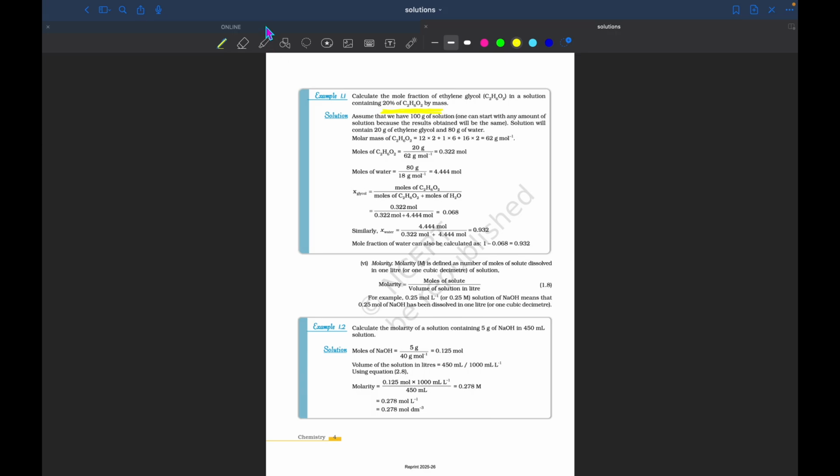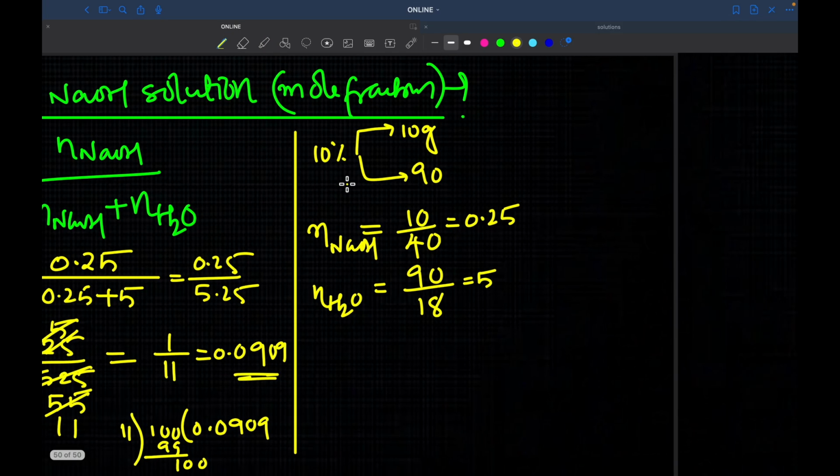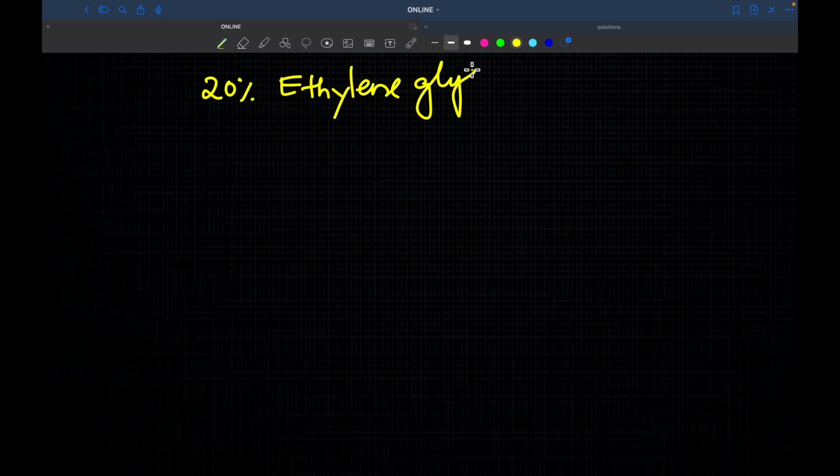We are given 20% ethylene glycol, and we need to find its mole fraction.